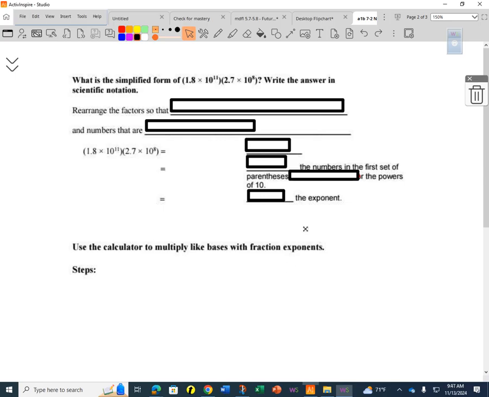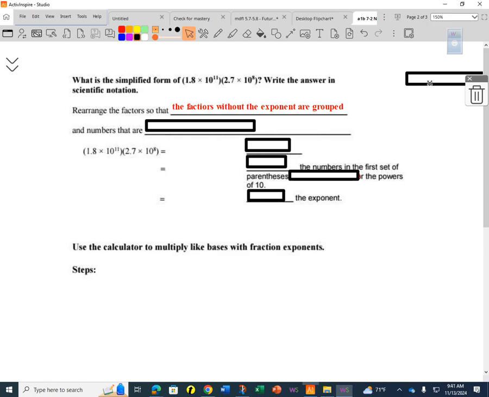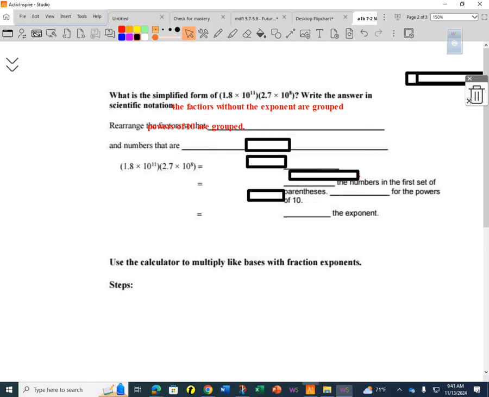Rearrange the factors. The first thing we're going to do is rearrange the factors so that the factors without the exponent are grouped, and the numbers that are powers of 10 are grouped.